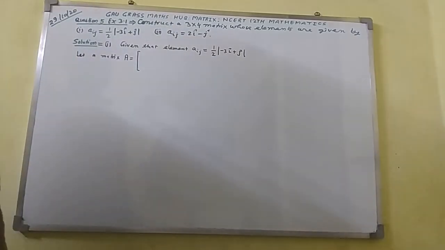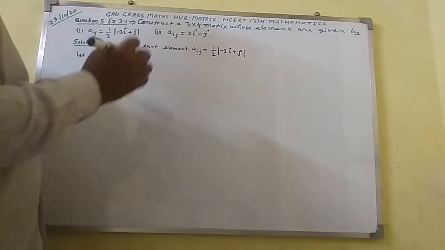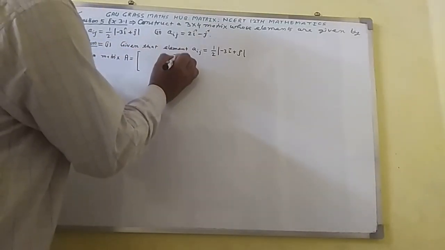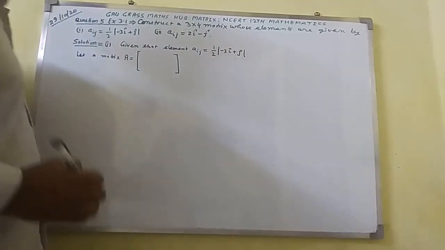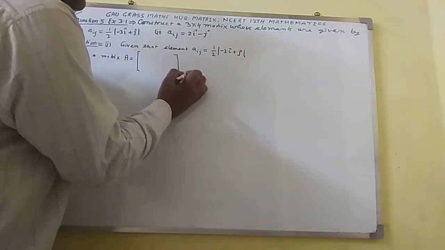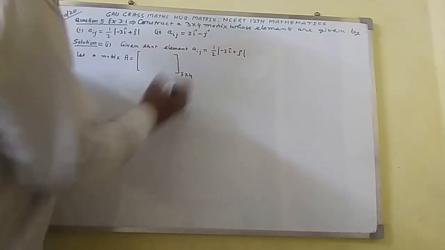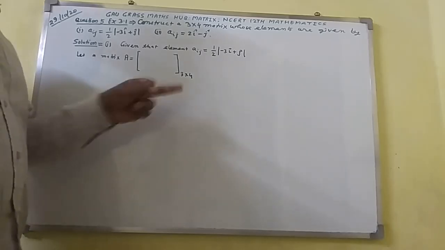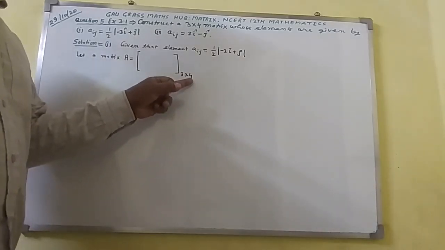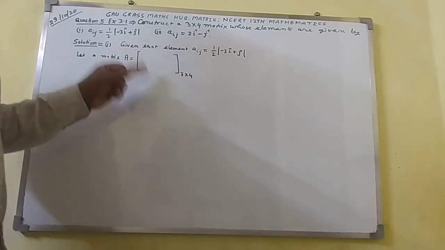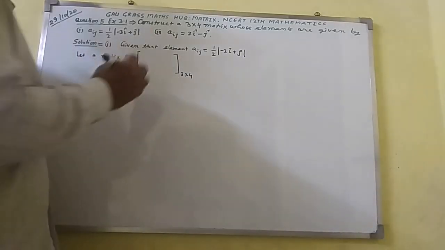This means that the number of rows will be 3 and the number of columns will be 4. The 3 rows will be available here.